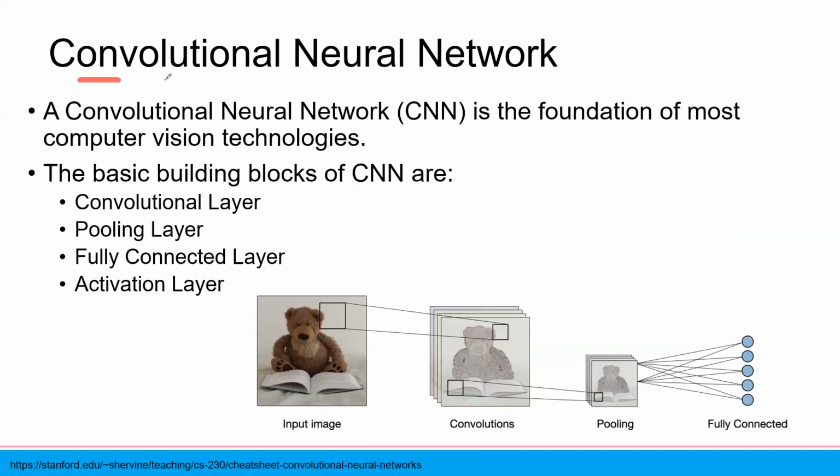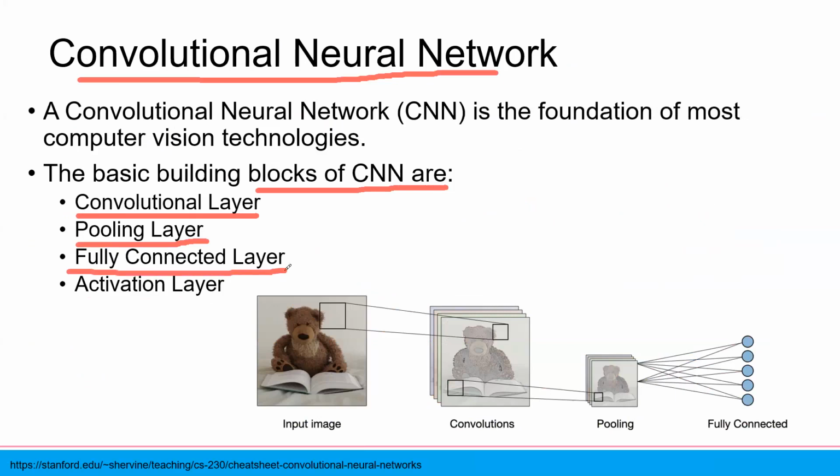Whenever we use the CNN, it is good for images. It is good for multimedia. So the basic building blocks of CNN are the convolutional layer, and then the pooling layer, fully connected layer, and the activation layer.